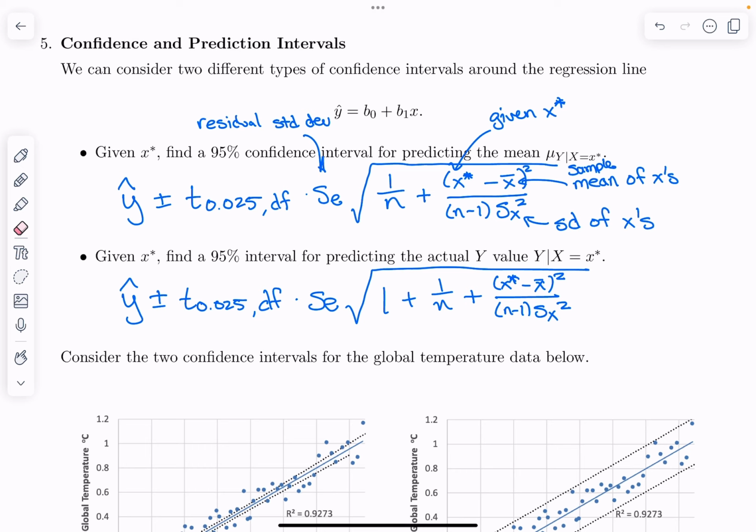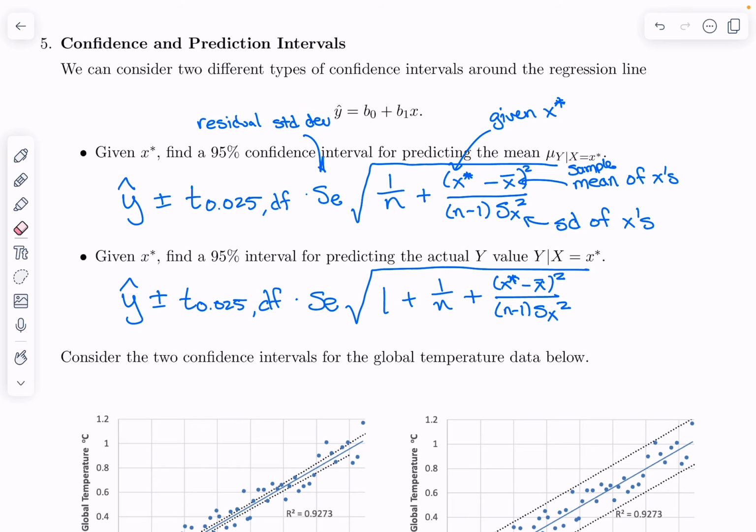And again, this is an interval for predicting a y value, meaning that given a particular x star, there's going to be a 95% probability that the y value, any y value, will be within that interval.